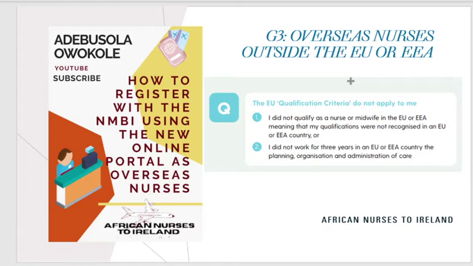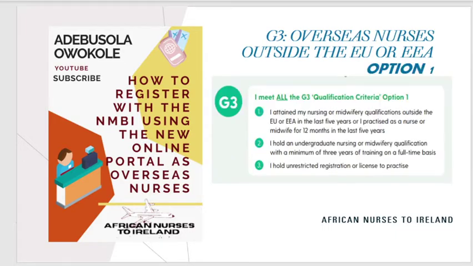I want you to know that Group 3 refers to overseas nurses generally from outside the European Union. So it means you haven't qualified as a nurse or midwife in any European Union state. It means you haven't worked for 3 years previously in an EU-related country as well. It also means that all your nursing or midwifery qualifications were attained in your home country or outside the European Union member states.